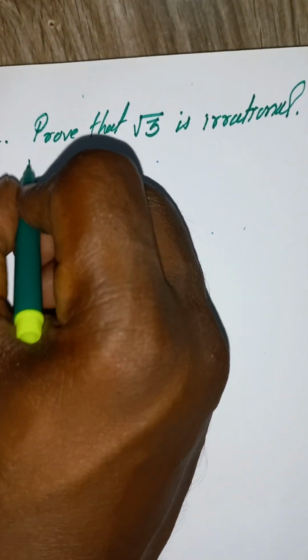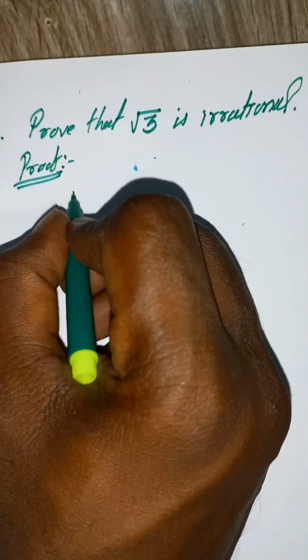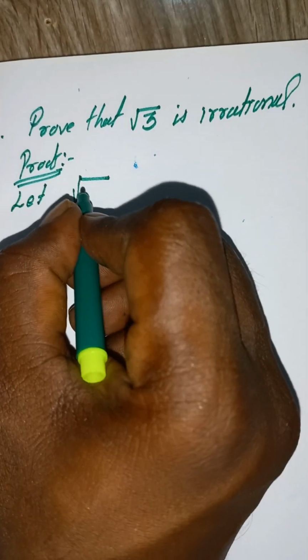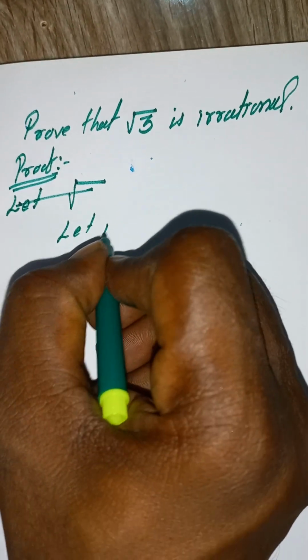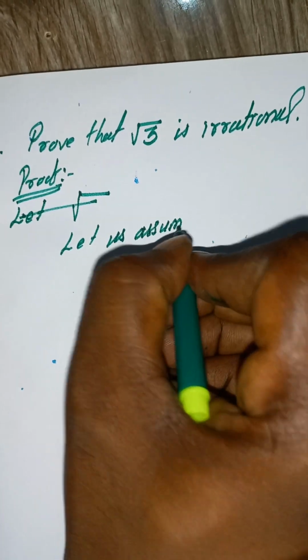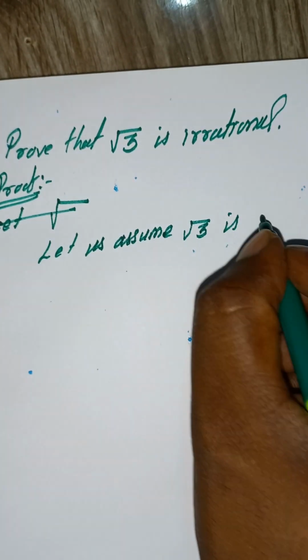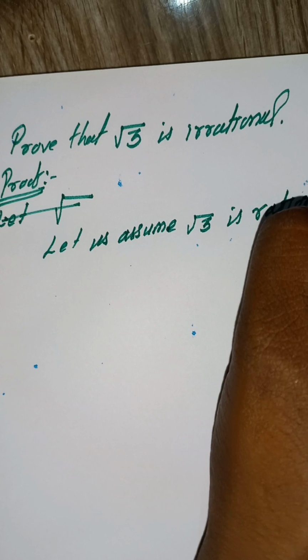For that we have to assume first the given number. Let us assume root 3 is rational. We have to assume the given number as rational.